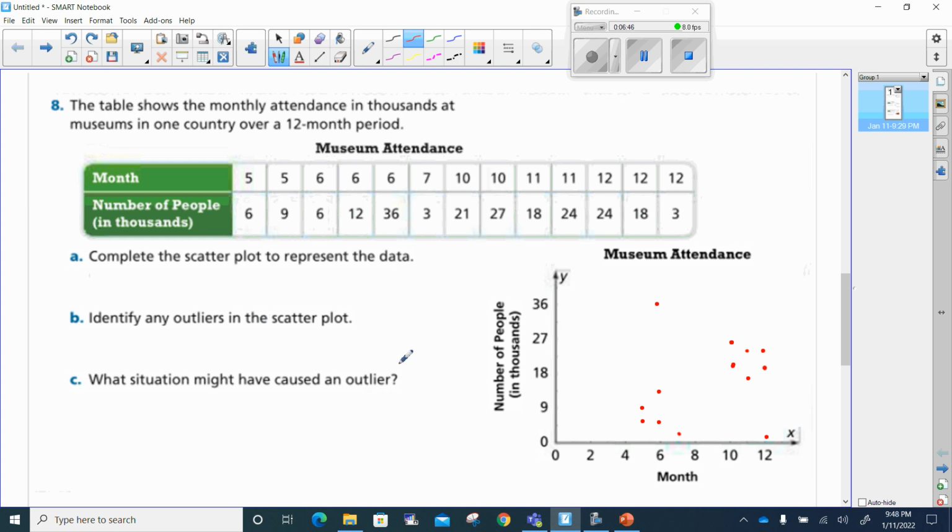Identify any outliers in the scatter plot. Okay, those outliers are obviously going to be things that are way away from the other data. I would probably think that this would be an outlier here. This might be an outlier here. So if I identify this one, it would be 6 and 36.